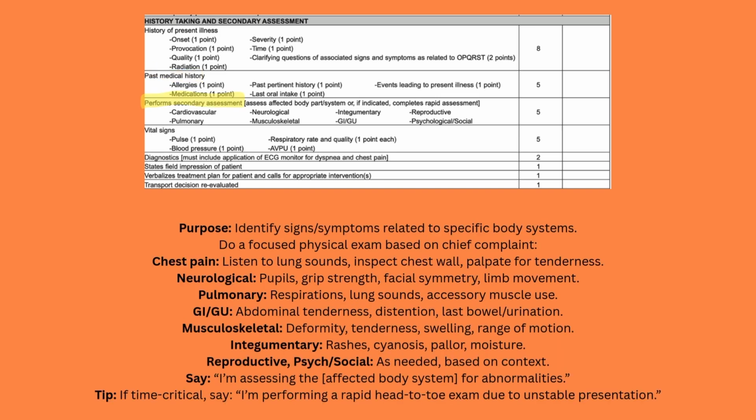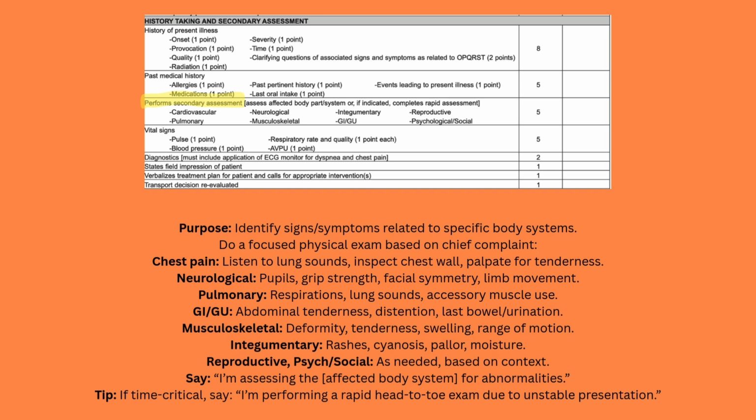We can then perform the secondary assessment, which will help identify signs and symptoms related to the specific body system. So do a focused physical exam based on the chief complaint. An example would be for chest pain. Listen to lung sounds, inspect the chest wall, and palpate for tenderness. You're trying to find what is the issue. Is it a heart attack? Is it a pulmonary issue?